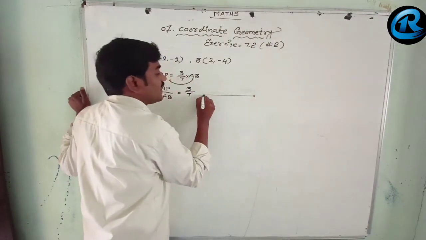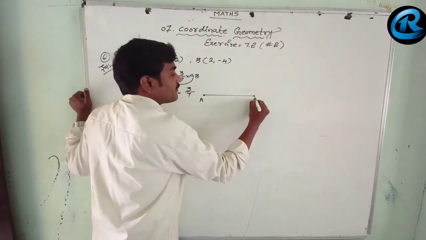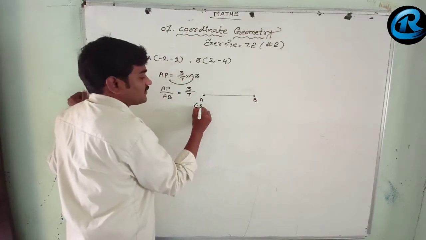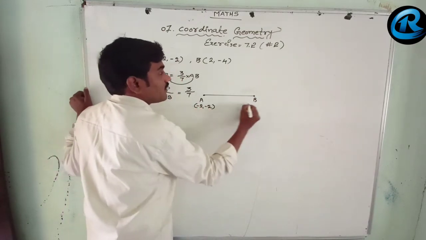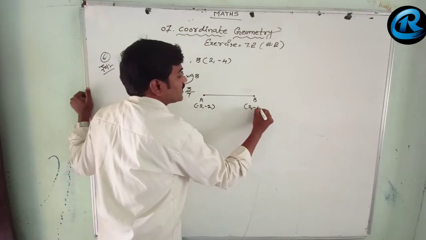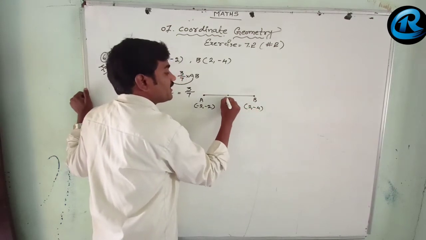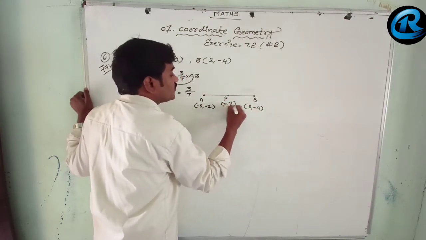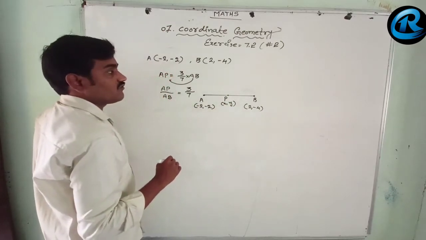Suppose it is a line segment AB, where point A is (-2, -2) and point B is (2, -4), and the point P is (x, y), which we need to find out.